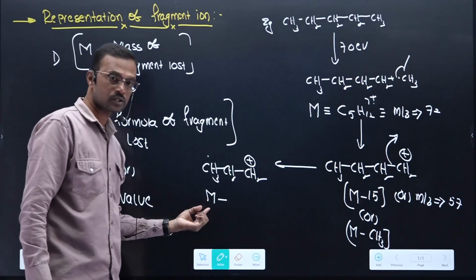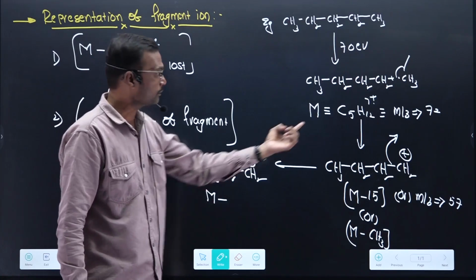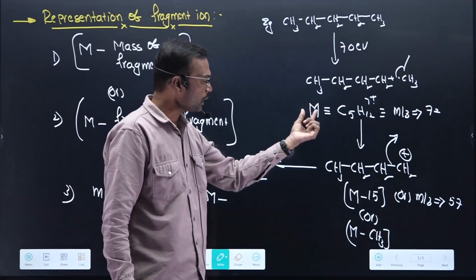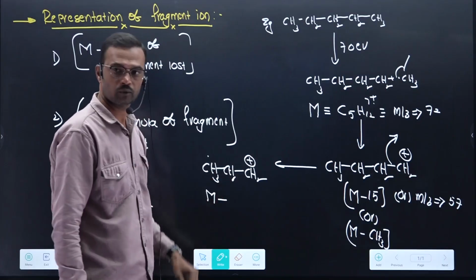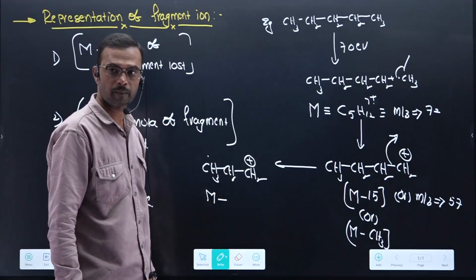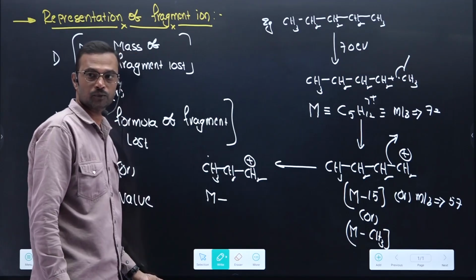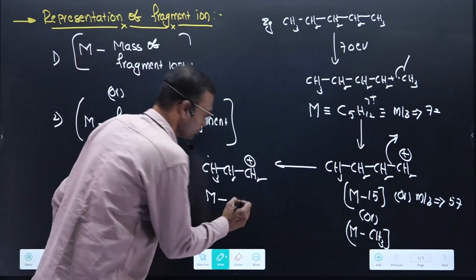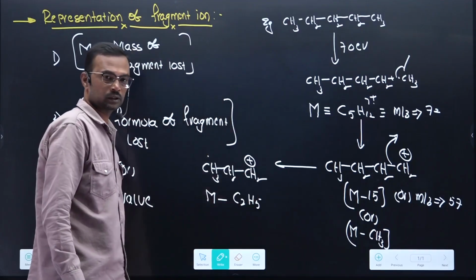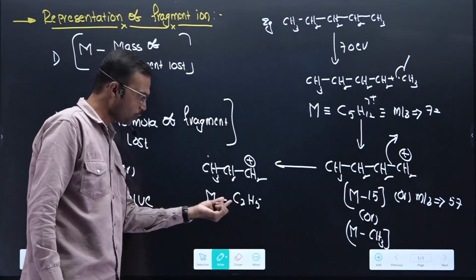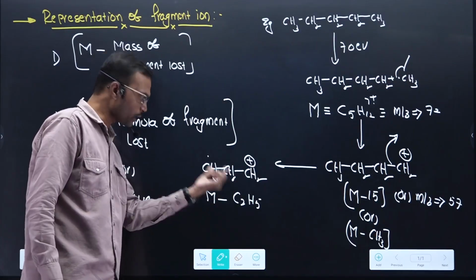M minus, which one should I remove? C2H5. How is it possible? From the molecular ion, if I remove C2H5, then only you will get this one.